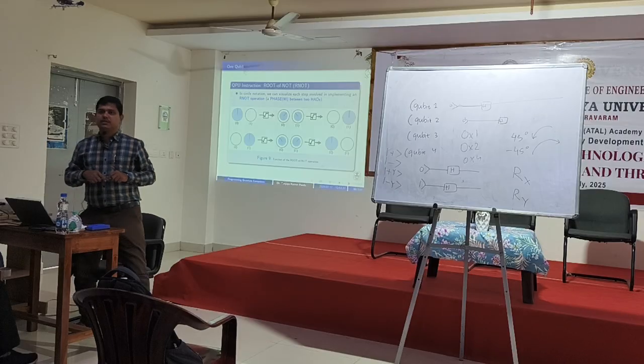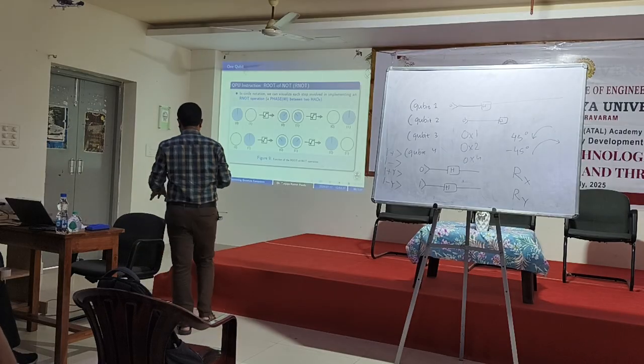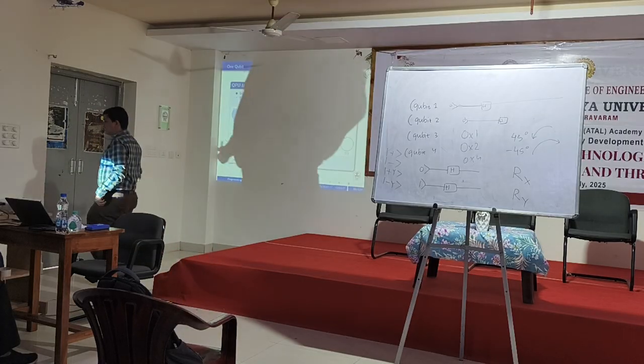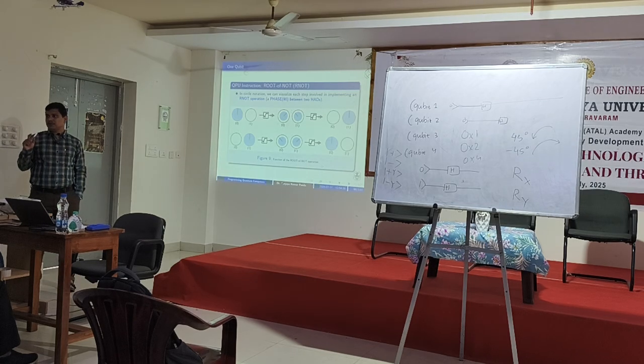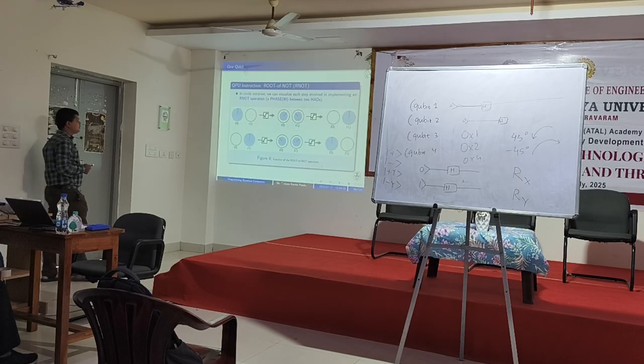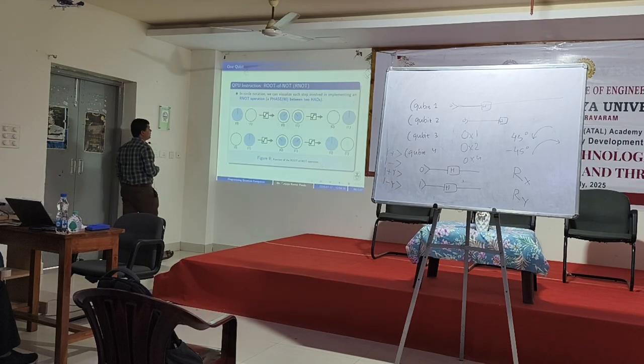So when you apply this root, what we are doing? You have seen earlier also, right? When you apply, then we are only operating the 1. We are not operating with 0. But this root operation is taking both.